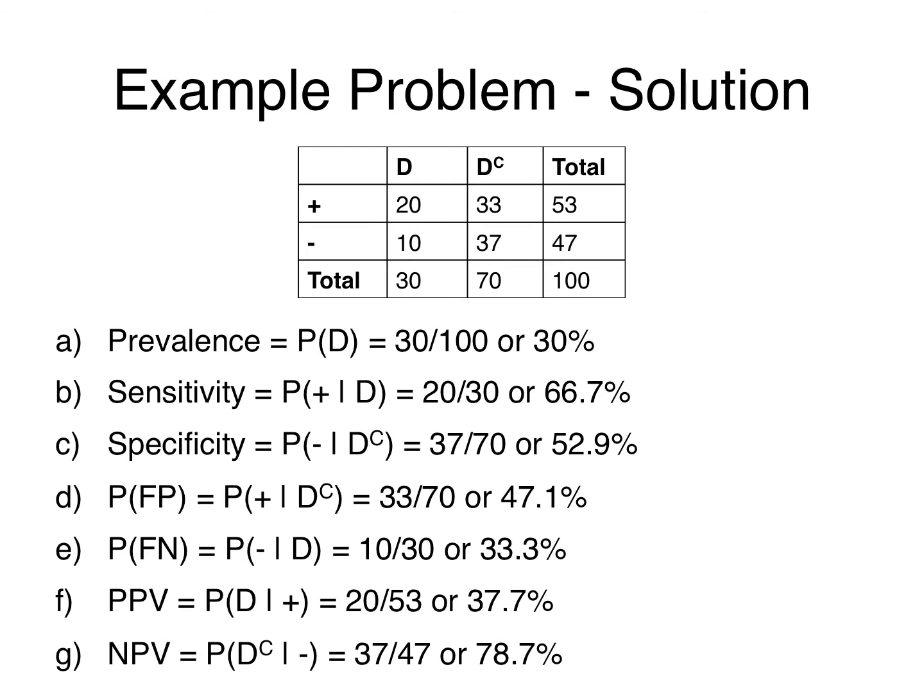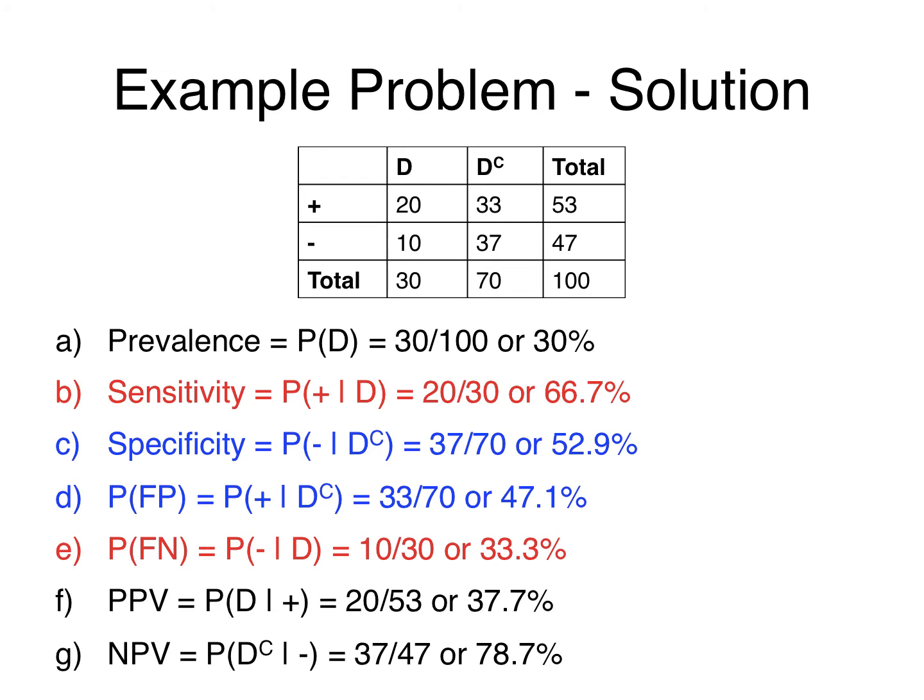So again, notice here that with the positive predictive value and negative predictive value, our denominator is test status, whereas with sensitivity, specificity, false negative, and false positive, our denominator is disease status. Also note that we can determine the probability of a false positive by subtracting the specificity probability from 1 and vice versa.